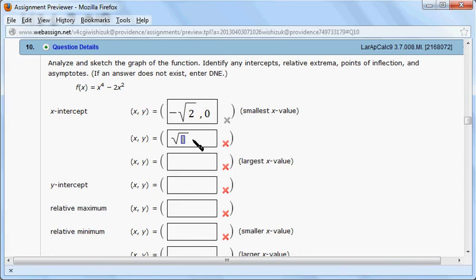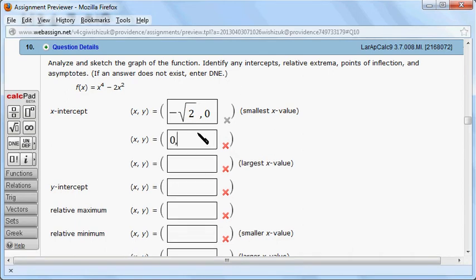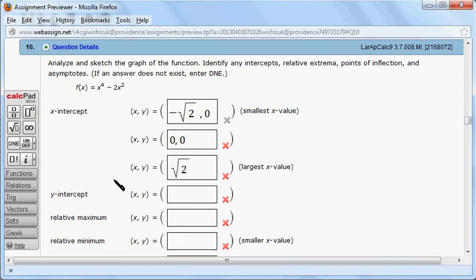And the next one would be 0, so I have to delete that one. 0, comma, 0. And the next one is square root of 2, comma, 0. So those are the x-intercepts.